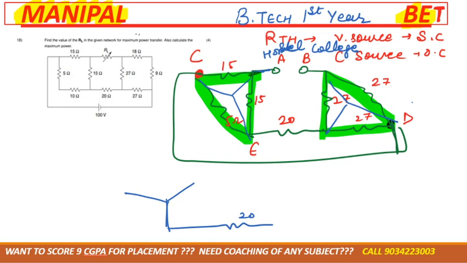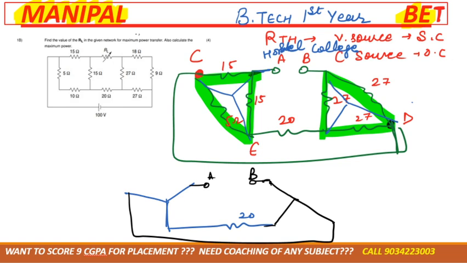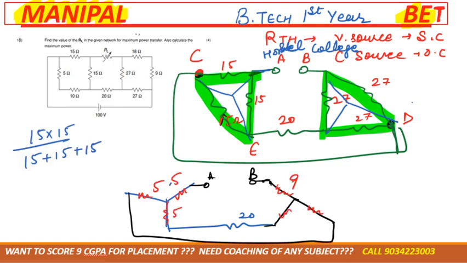Now I'm redrawing this diagram again. This is A, this is B. See this, after solving, we'll get this value. Solve it further.